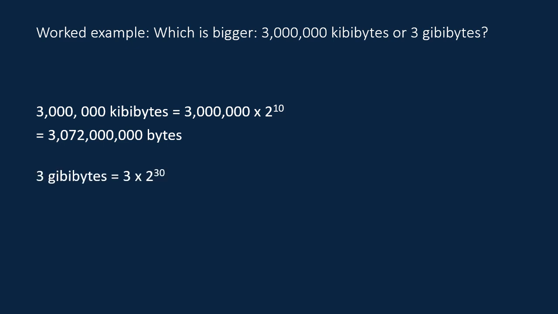And then converting 3 gigabytes into bytes, that works out at also just over 3 billion bytes, but clearly we can see that 3 gigabytes is the biggest of the two.